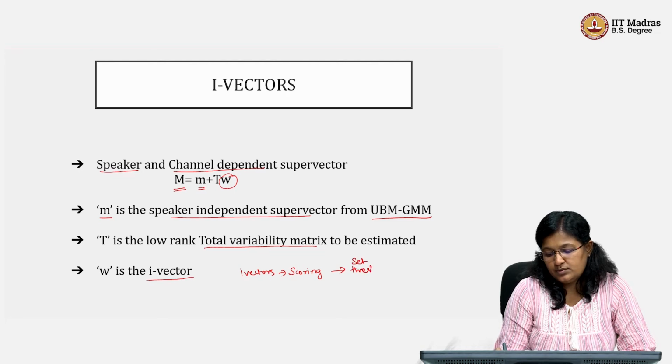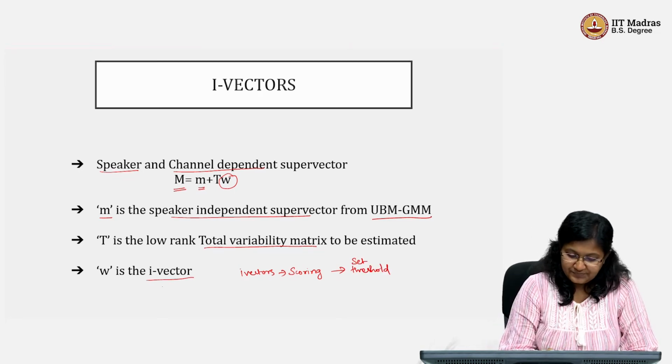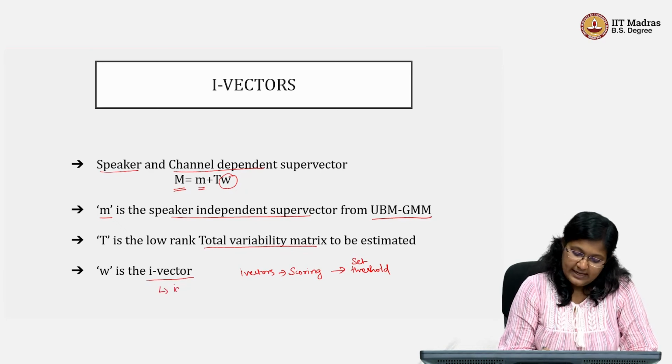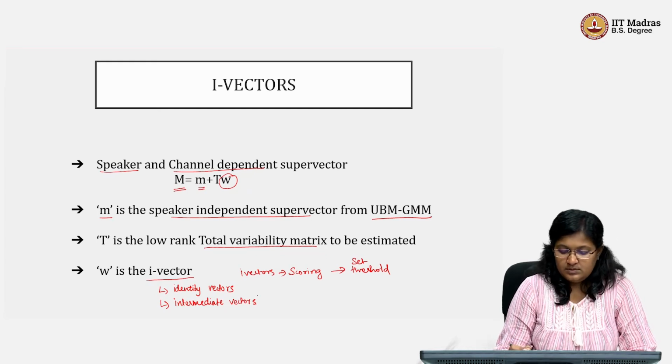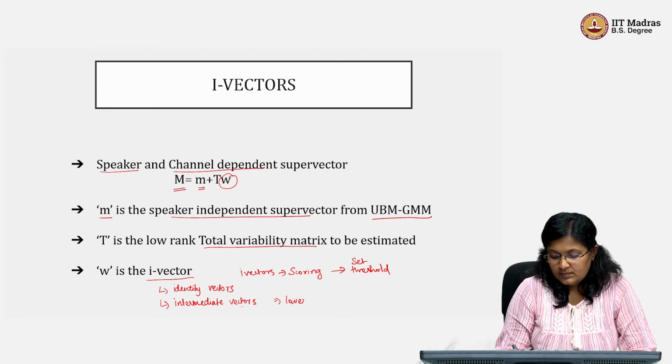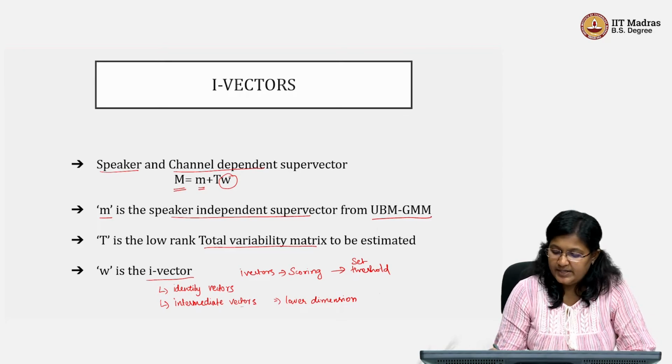I-vectors are called identity vectors, or sometimes intermediate vectors, because they have lower dimension compared to the speaker and channel dependent supervector.